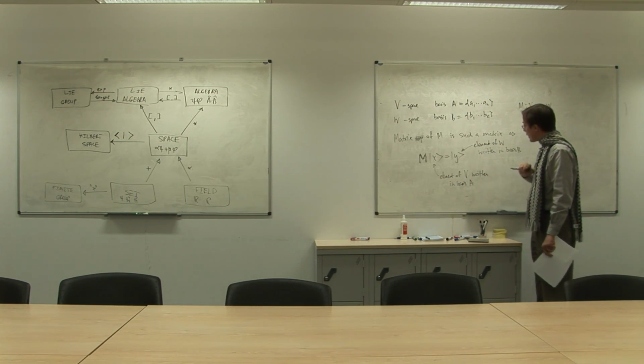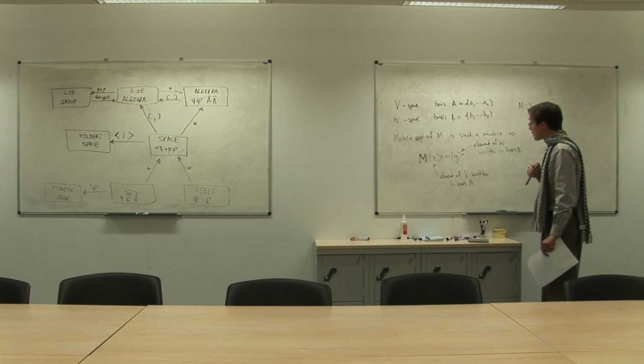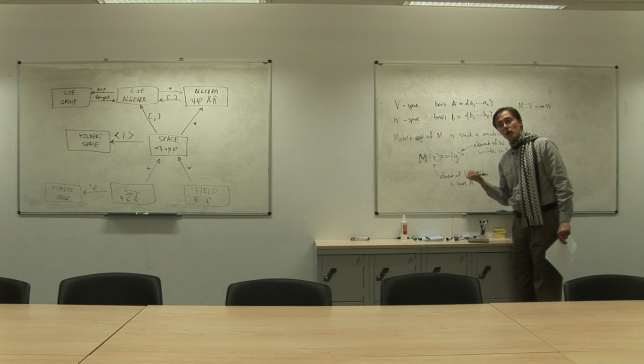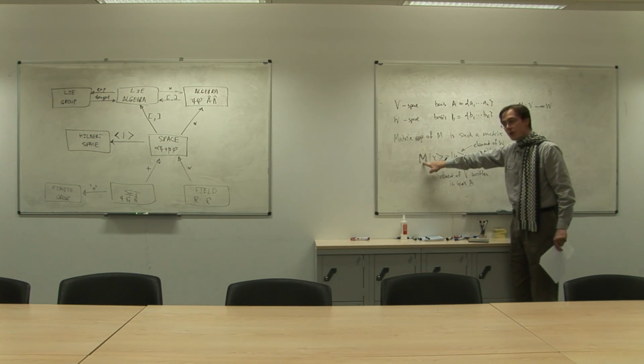When we write Y in its own basis B, it becomes a column of numbers. And we know that the most general possible linear map between columns of numbers is a matrix.